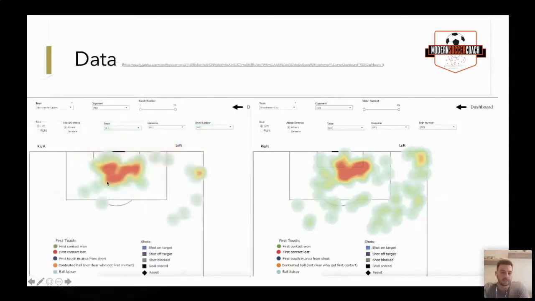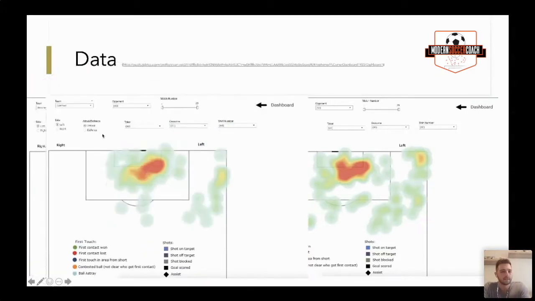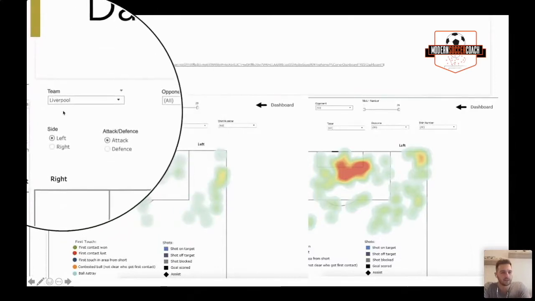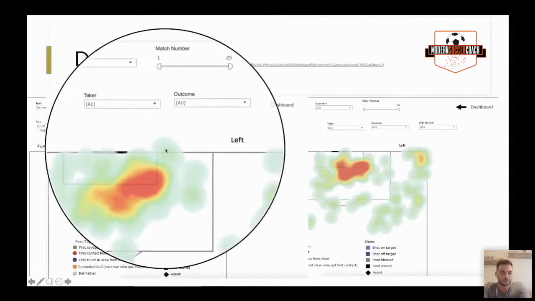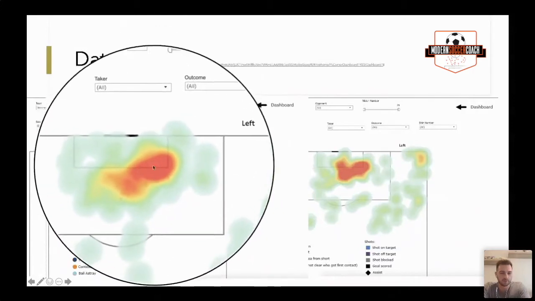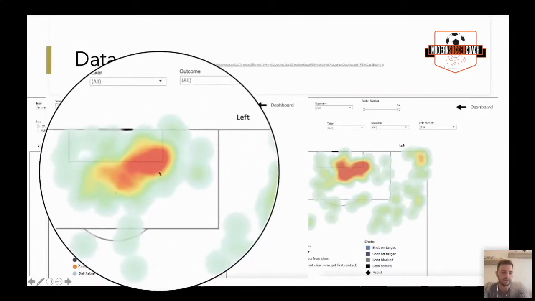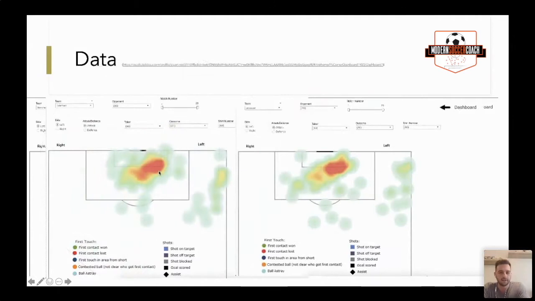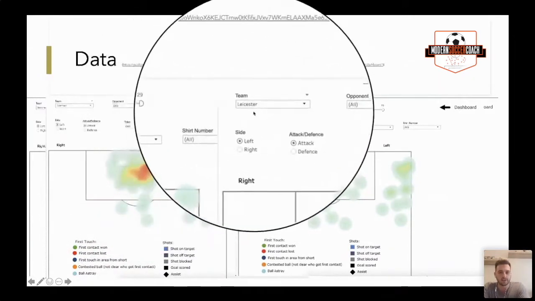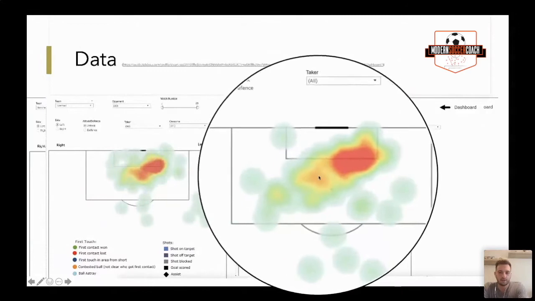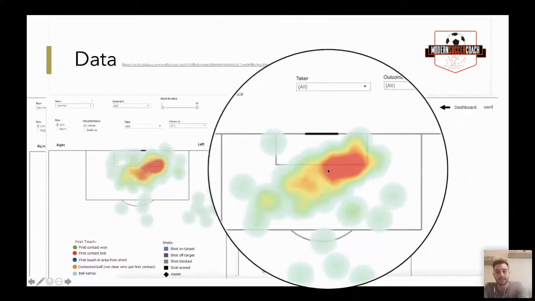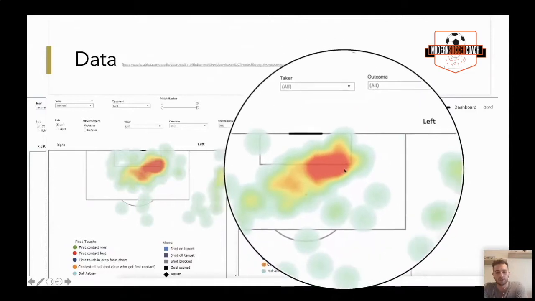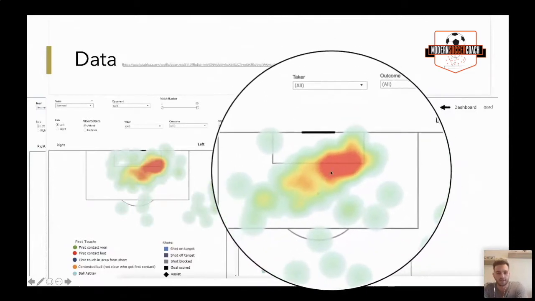The next one to check is Liverpool, where it's even clearer, where they suffered the most at the near side. And the last team to check is Leicester City, who also have the same tendency from the same system to concede a lot of shots and touches at the near side.